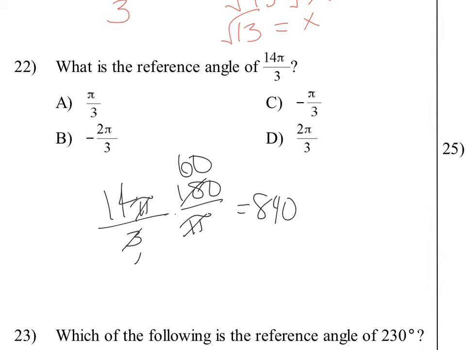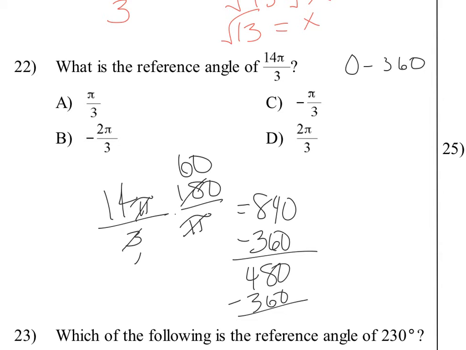We want an angle between 0 and 360 first. So this is not between 0 and 360, so we have to do the coterminal thing. So subtract 360. That's 480, still not between 0 and 360. Subtract 360 again, you get 120.